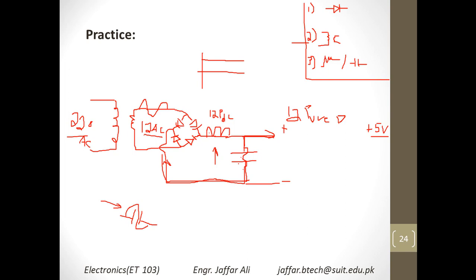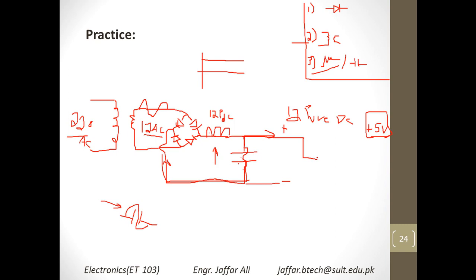This pure DC will be of 12 volts, but you need to lower the voltage to 5 volts, and for that you can use either a resistor or any other device. Mostly I personally use, and most devices use, a voltage regulator.